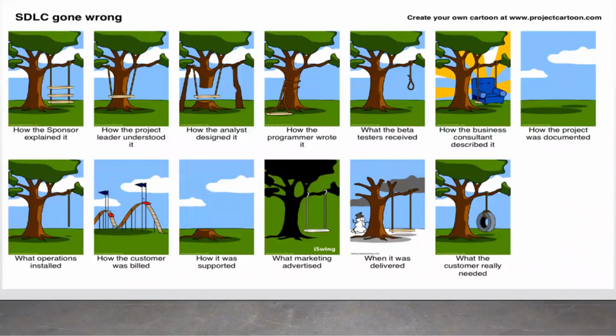Programmers write it a different way, and your testers are getting something that's probably poor, and their testing is practically zero. And you have all of that, whereby at the end, the customer needs something that's almost completely different from what the sponsor really explained.